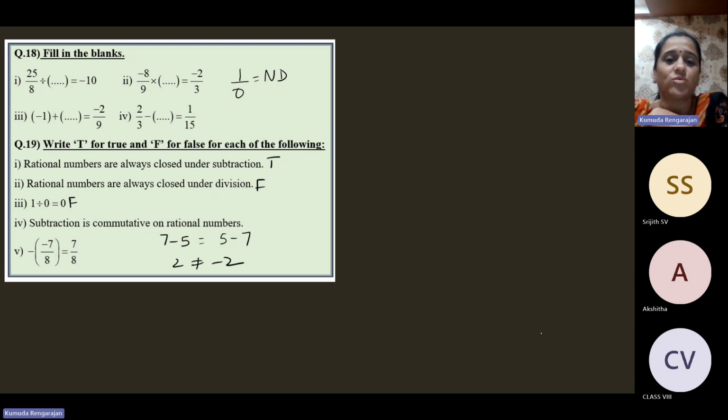Closure property is true. Commutative is not true. Rational numbers are closed under subtraction because rational number minus rational number is a rational number. That is true. But commutative property is not true. A minus B is not the same as B minus A. False.